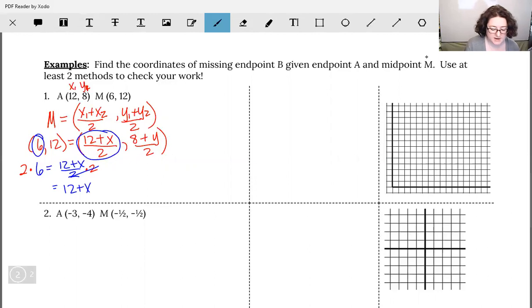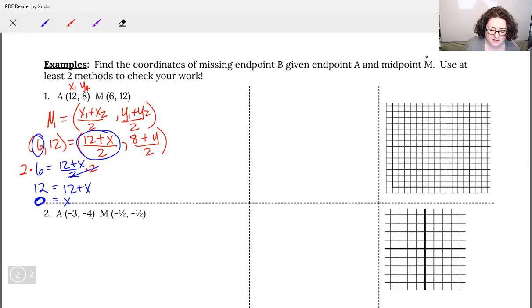And on the left-hand side, I'll have 2 times 6 is 12. You're noticing I'm almost running out of room on here, but I can just barely fit my last line. I would have to do what to get the x by himself? Subtract both sides by 12, and 12 minus 12 is 0.